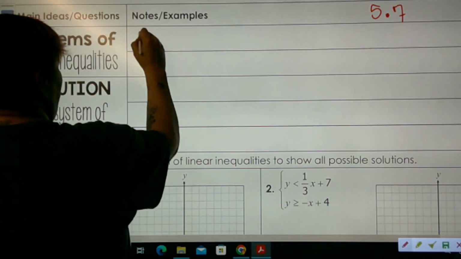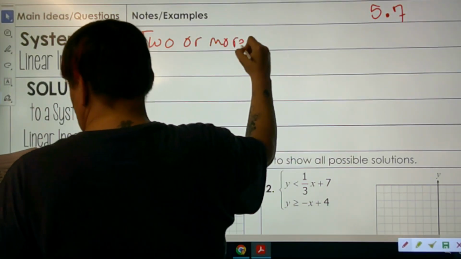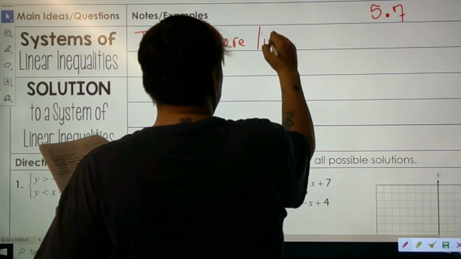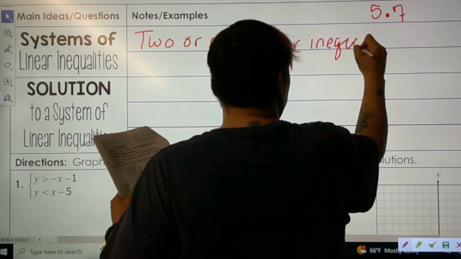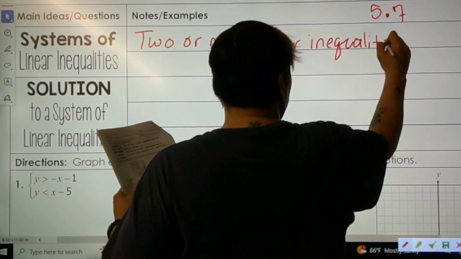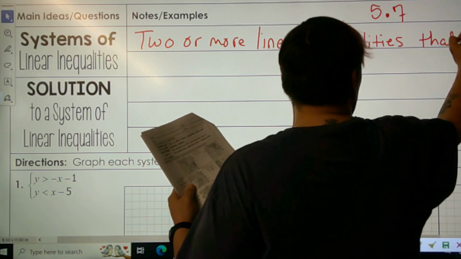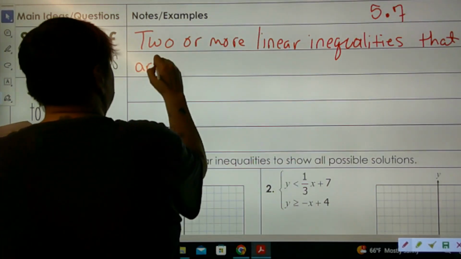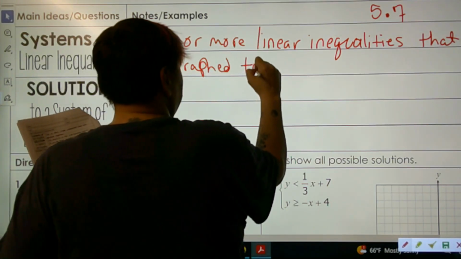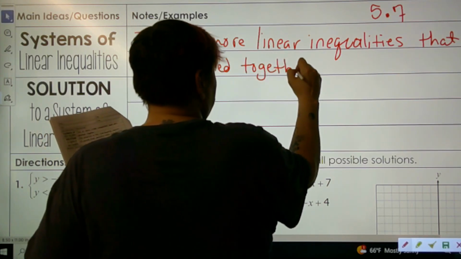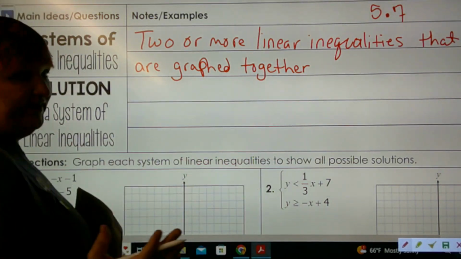So 5.7, two or more linear inequalities that are graphed together. Right? And the solution is where they overlap.